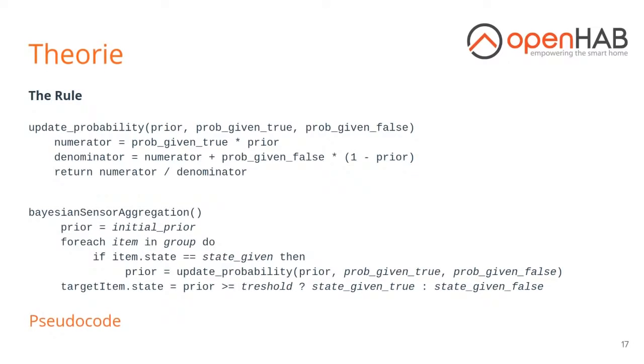If we want to observe different sensor states, then we can change the calculation and use the prior to calculate, consider the first observation and use the result of that to calculate a second, and so on. After that, we check against a threshold and set the state for our sensor, the target state.